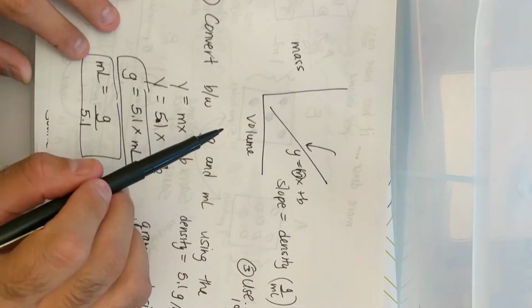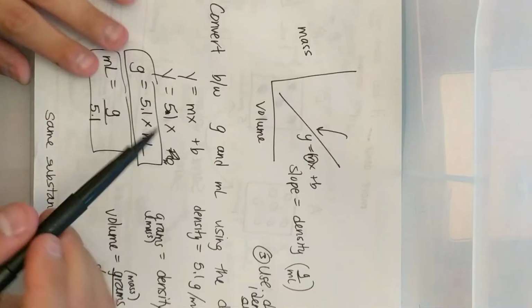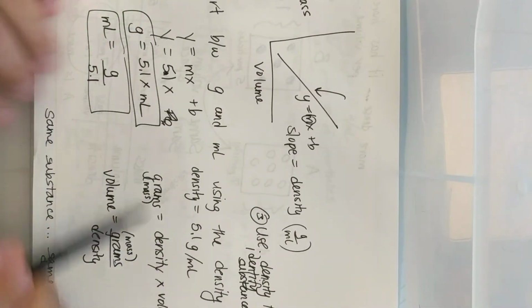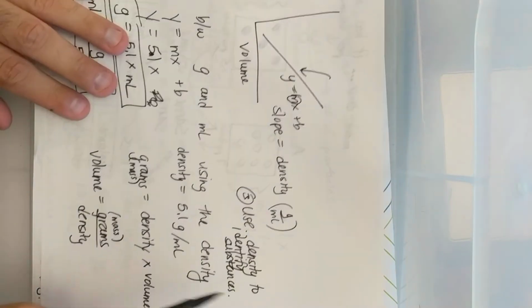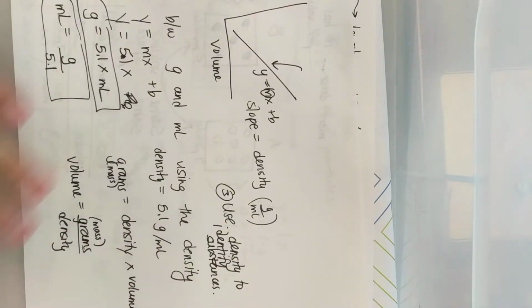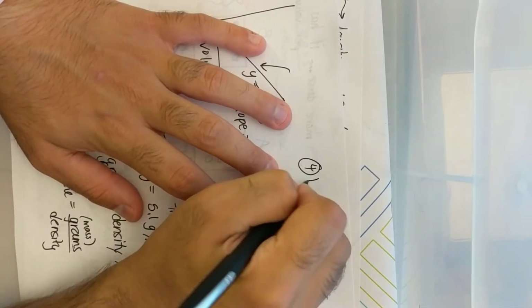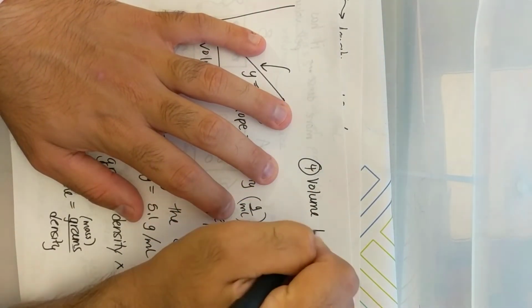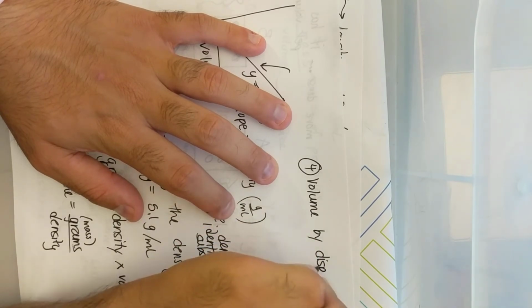Knowing that you could read a mass versus volume graph and the slope is equal to the density. Knowing how to convert between grams and milliliters using the density, right? And I kind of just showed you two quick equations. And then using the density to identify unknown substances. And then kind of like an aside thing is making sure you know how to do volume by displacement.